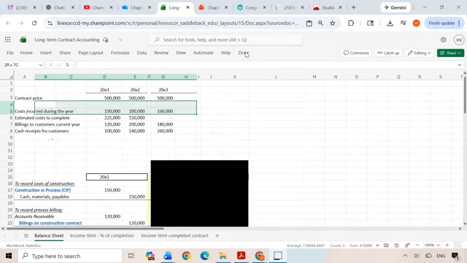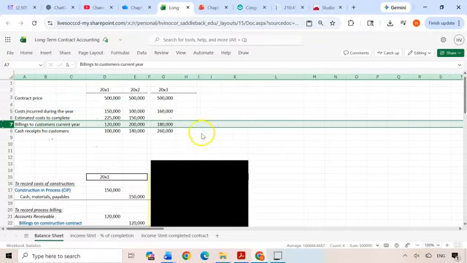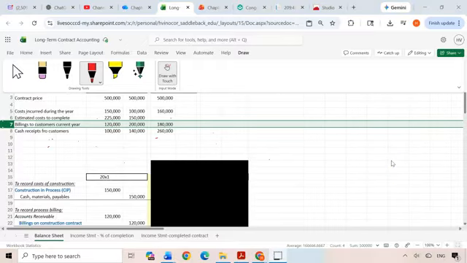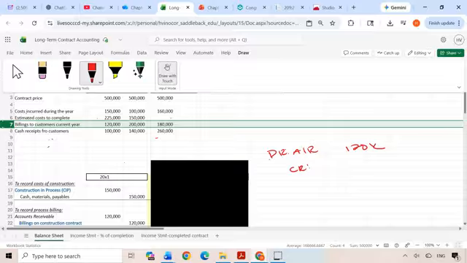Now we're going to record the billing of a portion of the contract. We're told on row 7 here, the billings to customer in the current year was $120,000. Normally when we have a sale, we would debit accounts receivable $120,000 and credit revenue on the income statement $120,000.